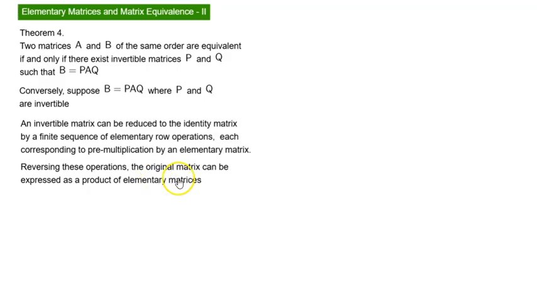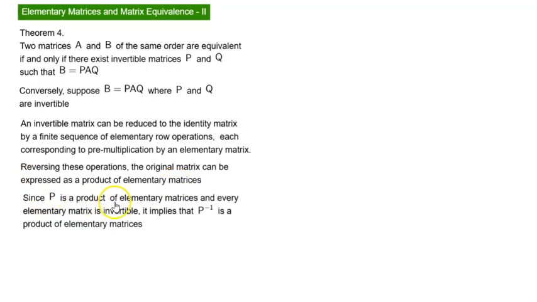Reversing these operations, the original matrix can be expressed as a product of elementary matrices. Since P is a product of elementary matrices and every elementary matrix is invertible, it implies that P inverse is a product of elementary matrices. So P inverse is equal to the product of inverses of the elementary matrices.